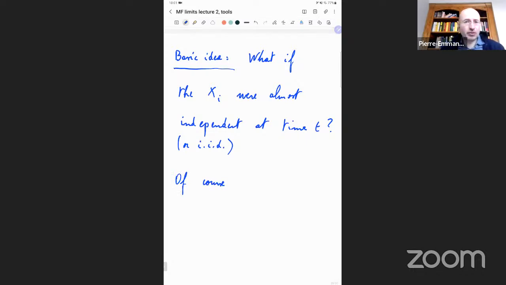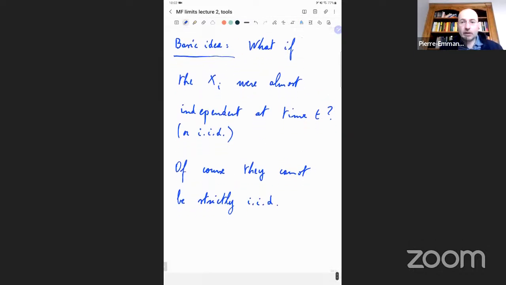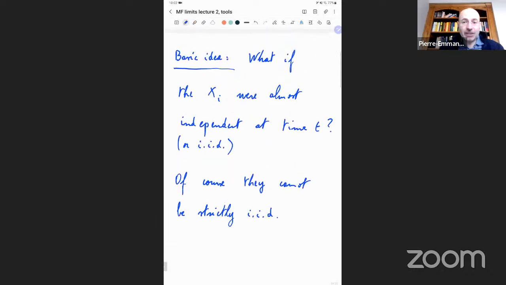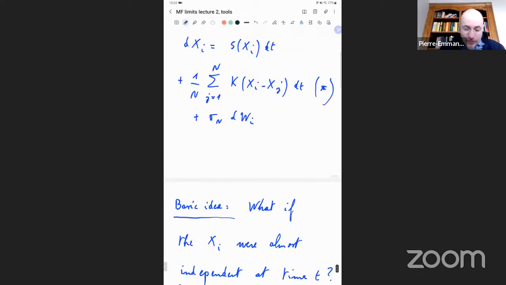Now, they cannot be strictly IID, right? Let's be clear about that from the start. They cannot be strictly IID because necessarily you have correlation between them from solving the system.